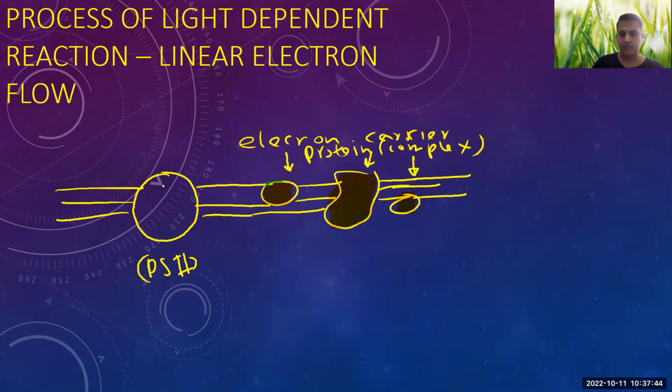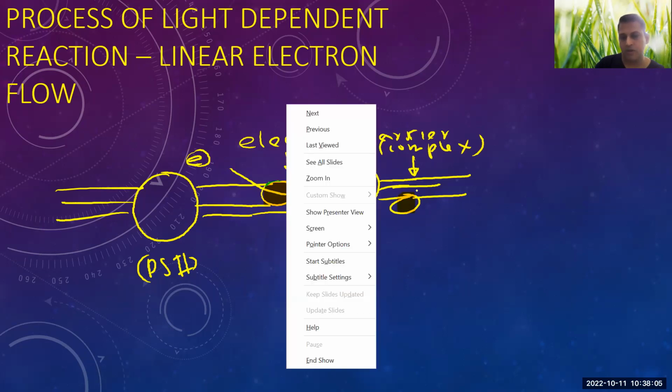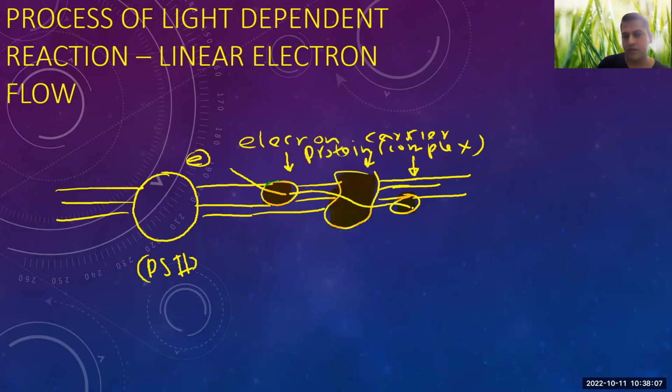Now in PS2, the electrons are accepted by the primary electron acceptor, and after that, these electrons move this way: first electron carrier protein, the second electron carrier protein, and the third electron carrier protein. So I try to draw this way, the line, right? Now the electrons are moving from a high energy state to a low energy state.